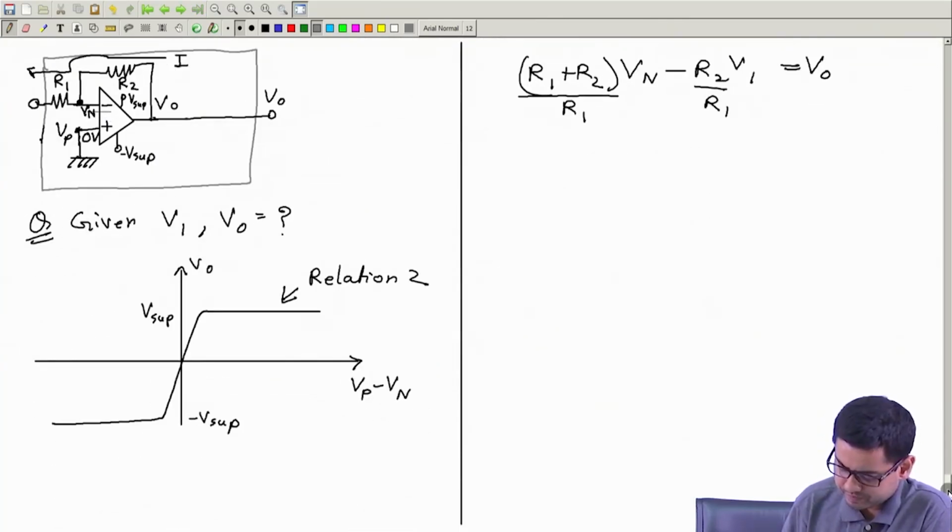Now once again we will draw two curves expressing this relationship together, but now we know that Vp is equal to 0.